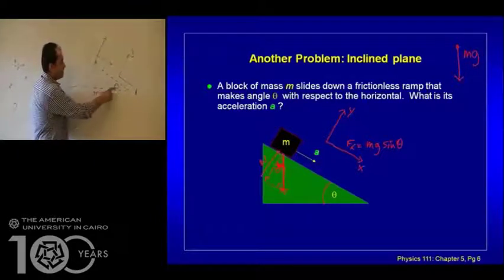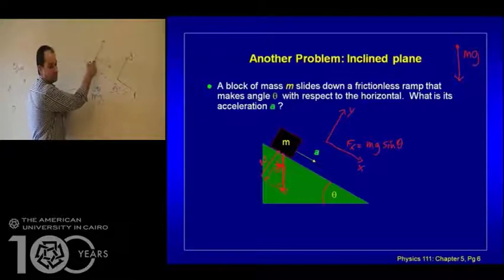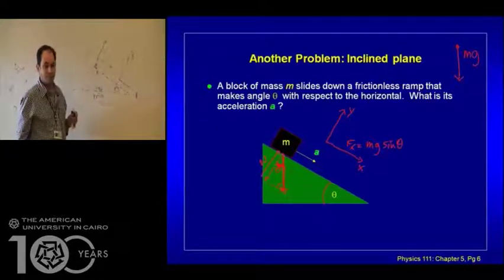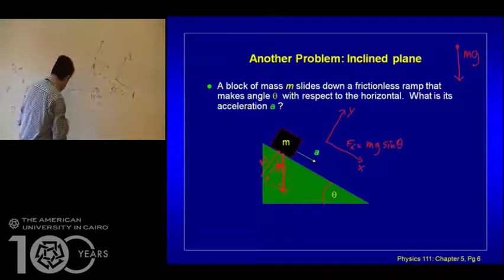If that's theta, and this is 90, of course. This is 90. The angle with the x-axis should be 90 minus theta, right? So this is the same angle x. And this angle is 90, then this is the angle theta. So this angle is theta.